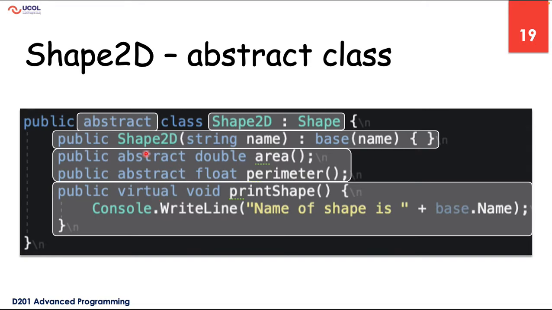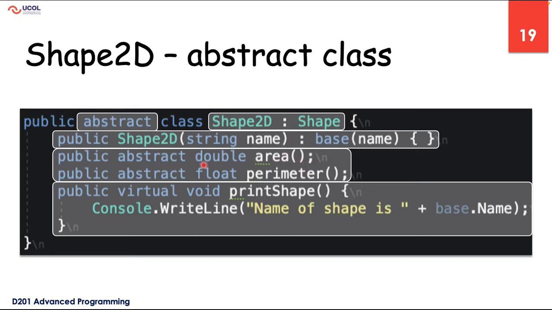When you say abstract, it means that if you create a class which is not abstract based on this Shape2D, that particular class must implement these two methods, because here we have just written down their headers. We have not given any kind of implementation.